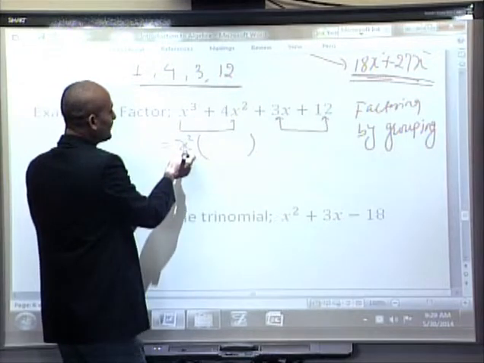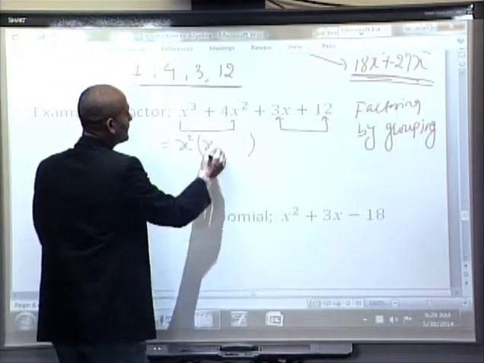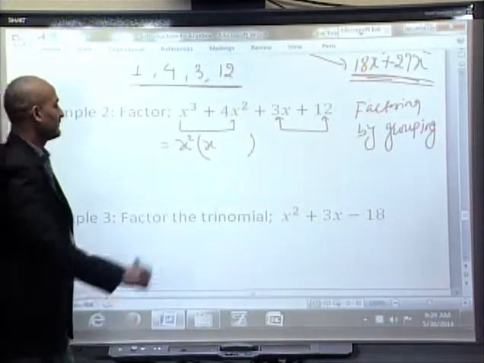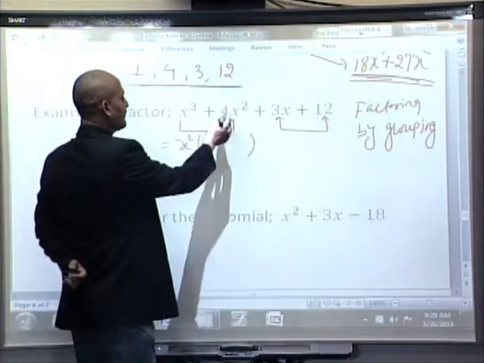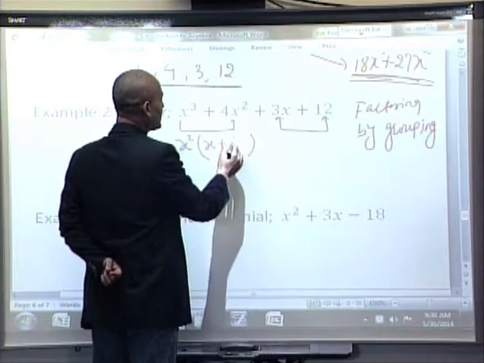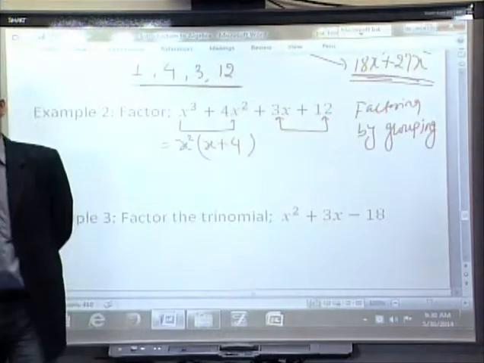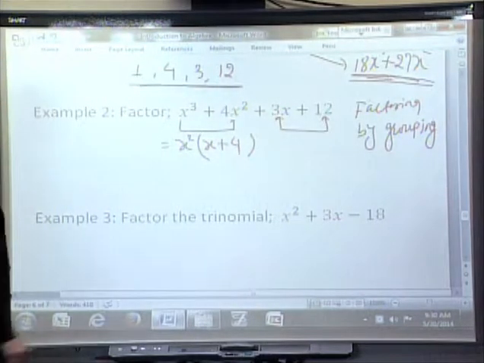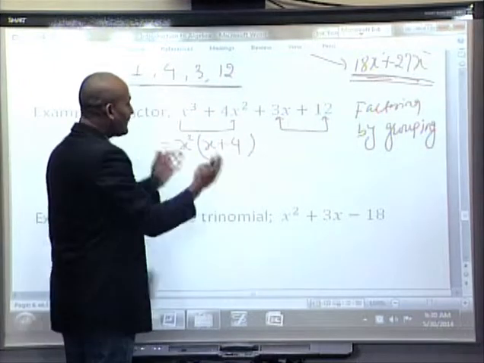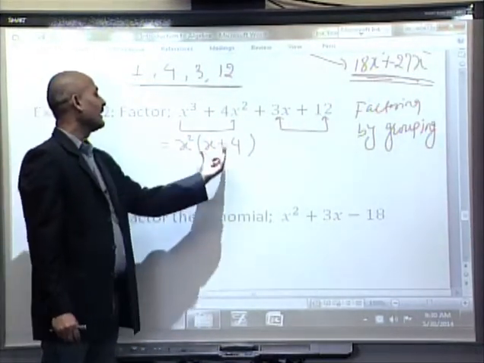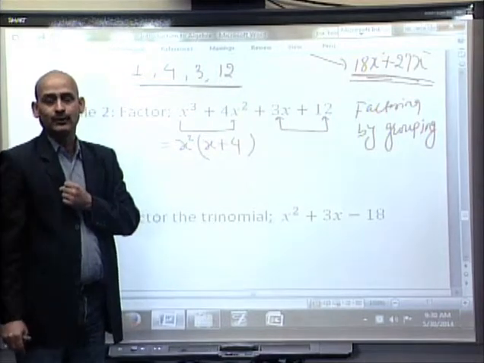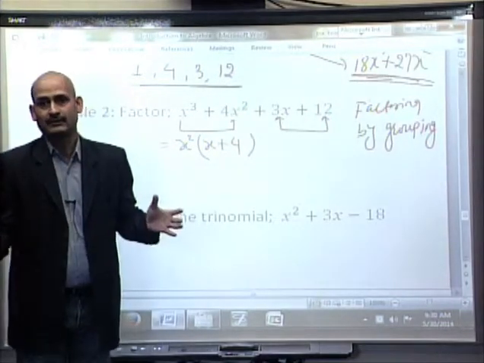From x cubed, x squared is taken out, so x is left. The sign remains the same. From 4x squared, x squared is taken out, so 4 is left. So the first group can be factored into two factors: x squared and x plus 4. The first group is factored.